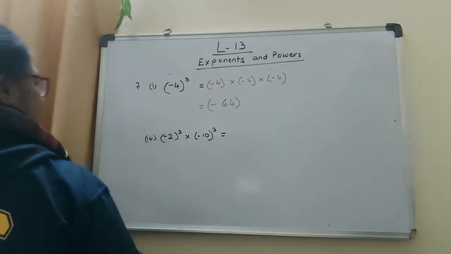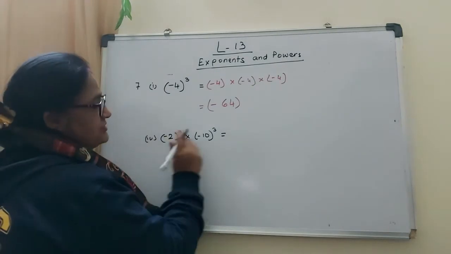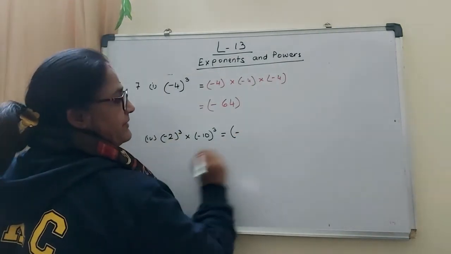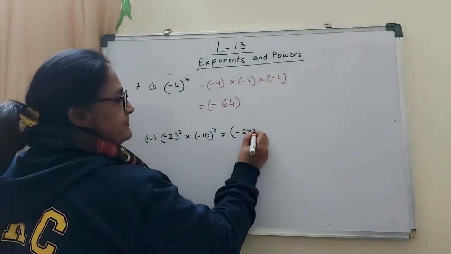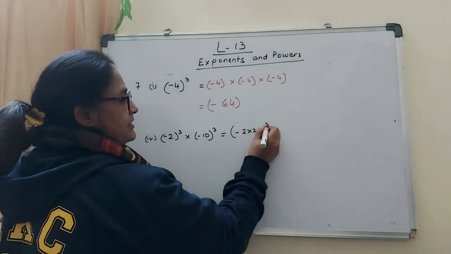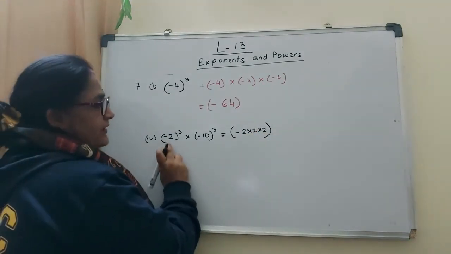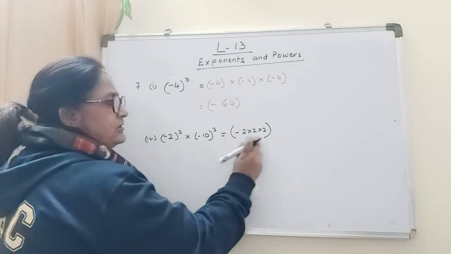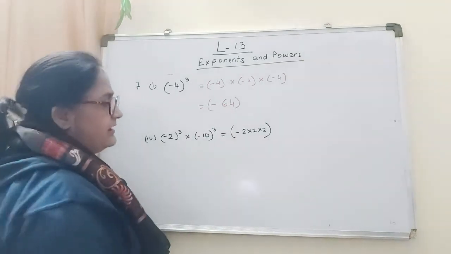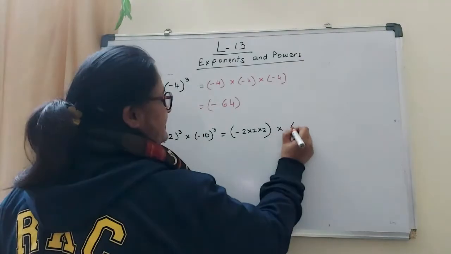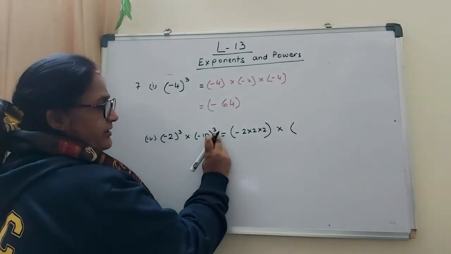Now first we are going to solve this. Raised to the power of 3 means I'm going to get a minus answer. 2 multiplied by 2 multiplied by 2. Because we know that we are going to get a minus answer, no need to write the minus sign in the others. Multiplied by, this is also raised to the power of 3.